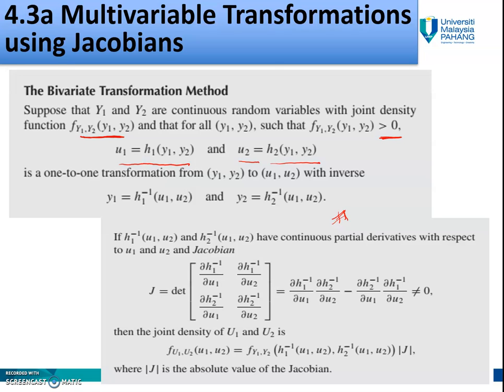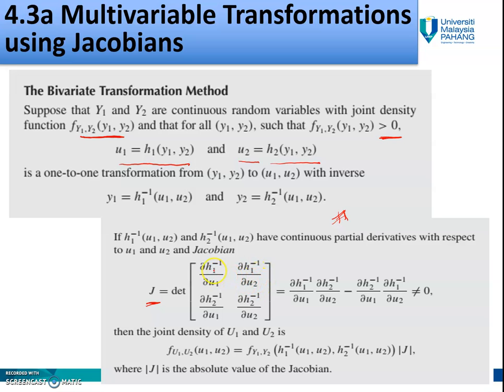If the inverse functions h1(u1, u2) and h2(u1, u2) have continuous partial derivatives with respect to u1 and u2, then you have this Jacobian J equal to the determinant of this matrix. In the first row, you differentiate h1 partially with respect to u1, and then with respect to u2.